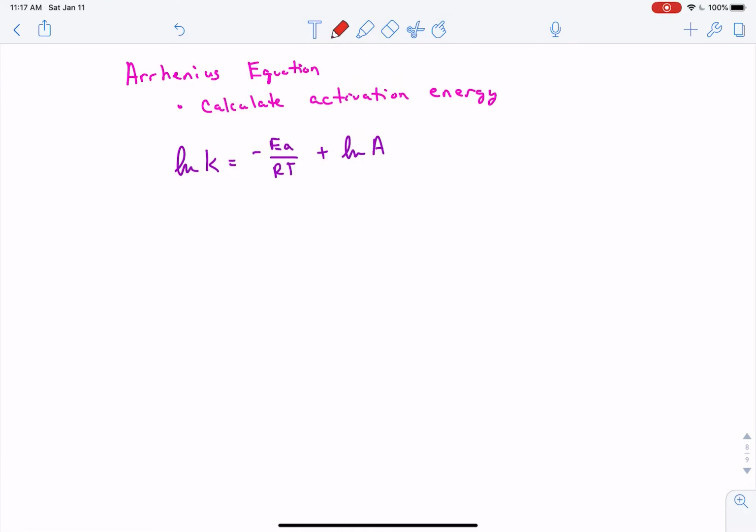So this is really natural log of k is equal to negative EA over R times 1 over T plus natural log of A. This is your y, this is your m, this is your x, and that is your b. So when you graph this, you're going to be graphing natural log of k versus 1 over T. And the slope will equal negative EA over R. Once you figure out the slope, you can solve for EA based on that. That's why I like this version of the equation best.